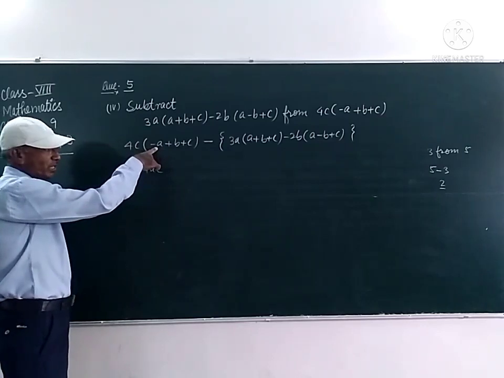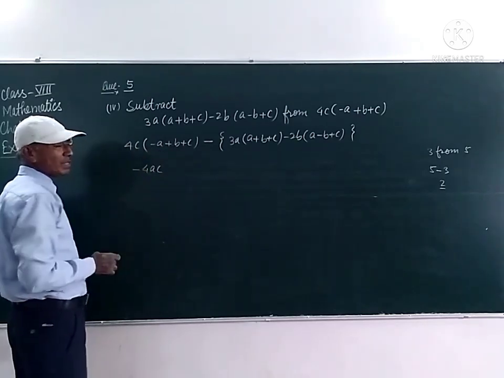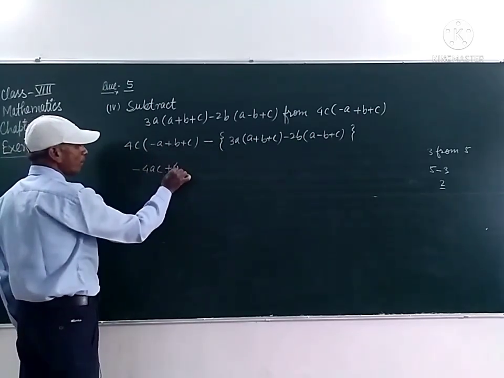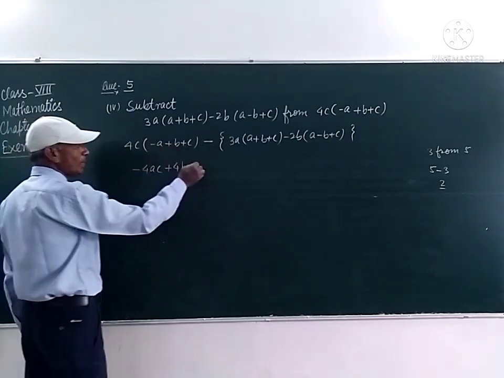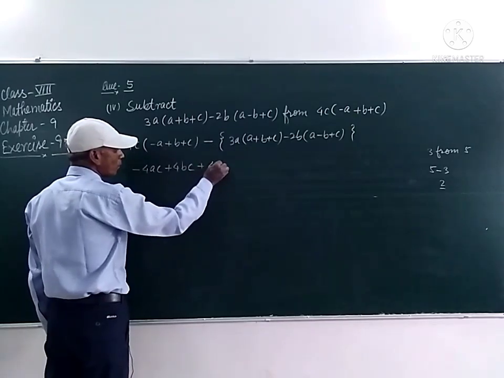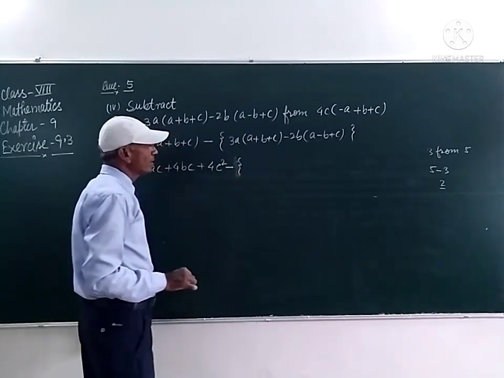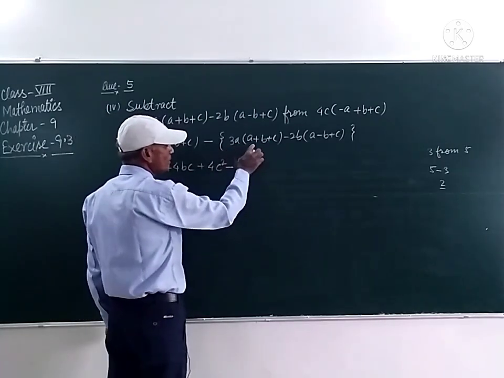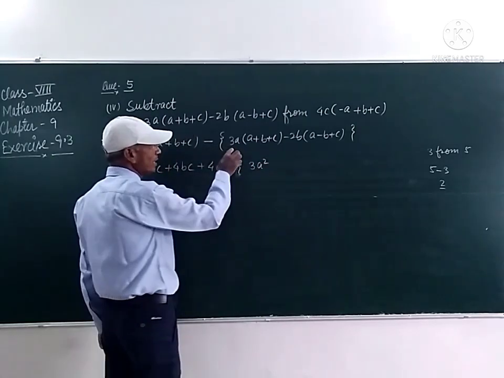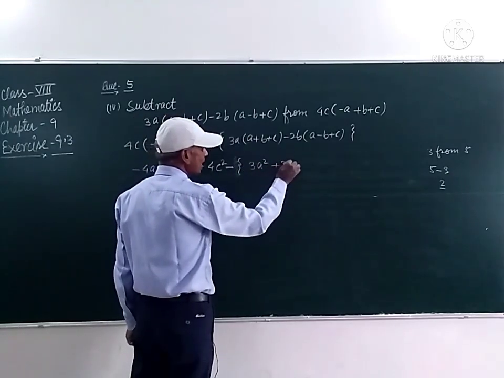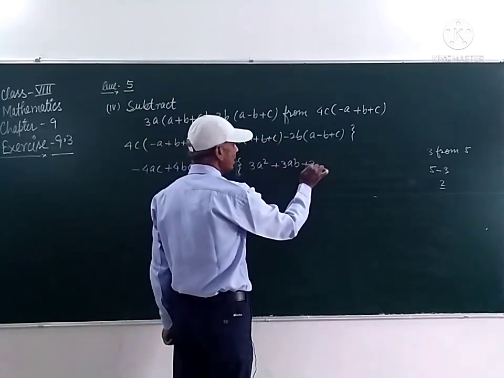It is minus a, student, so it will be minus 4ac after multiplying, and again 4c multiplied with b, it will be plus 4bc, and 4c multiplied by c, it will be plus 4c square, minus, and curly bracket here, that is 3a into a, 3a square, 3a into b plus 3ab, 3a into c plus 3ac.